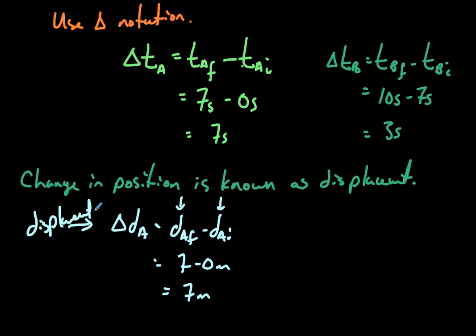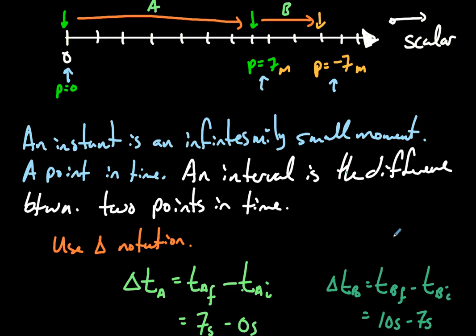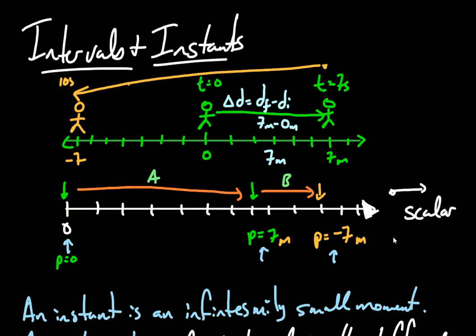Make sense? Pretty straightforward. And let's talk about the second interval. It's a little more interesting. Notice for delta notation, it's always final minus initial. So we have to change it a little bit, right?